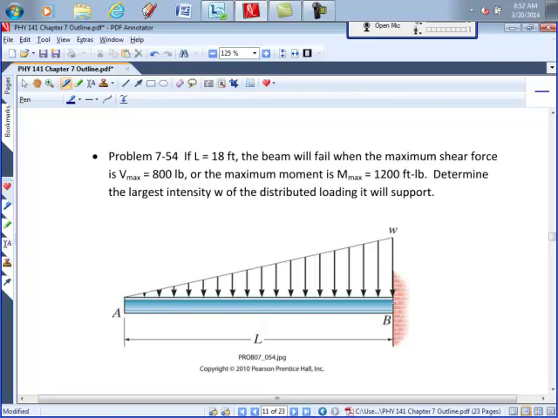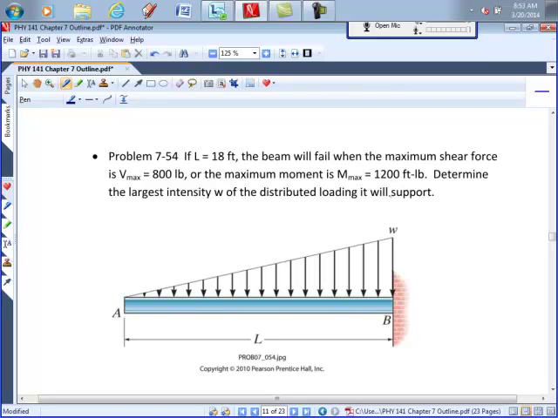So the cantilevered beam is supported only at one end, and the reaction at that end would potentially be 2 force components, so X and Y forces, and also a couple moment that's preventing it from pivoting about point B. And in this problem, we're told that the length of the beam is 18 feet, and the beam itself has been designed to withstand a shear force of up to 800 pounds and a bending moment of up to 1,200 foot-pounds.